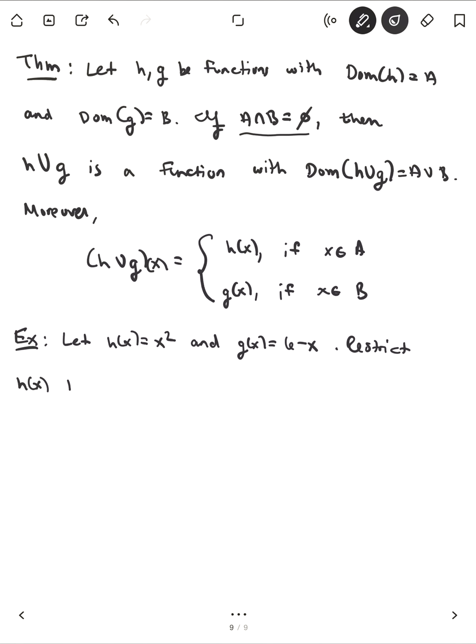Restrict h of x to x in negative infinity to 2, and g of x to x in 2 to infinity.